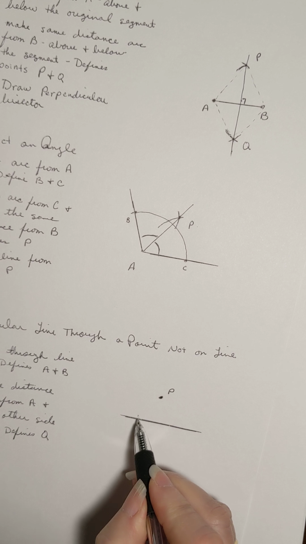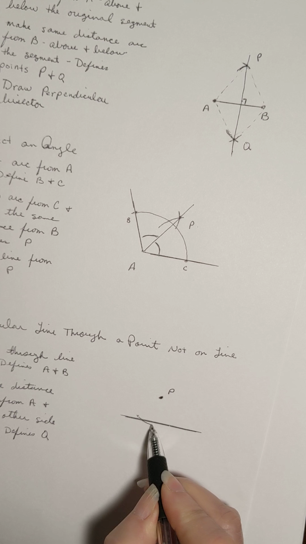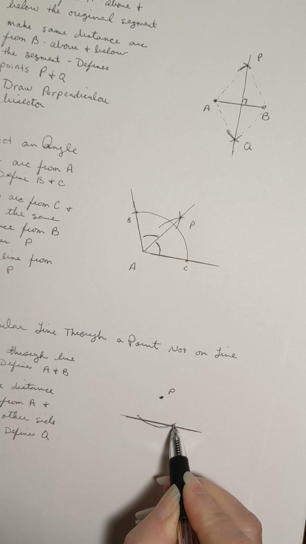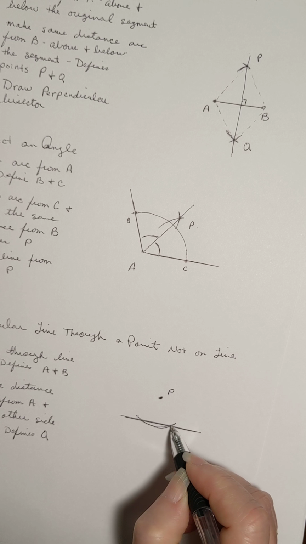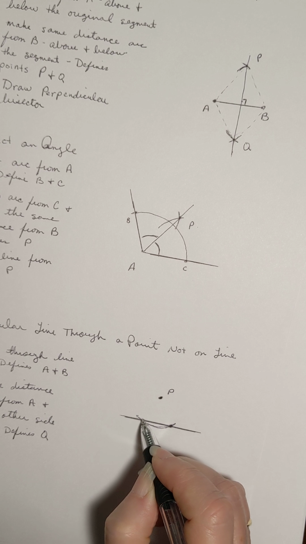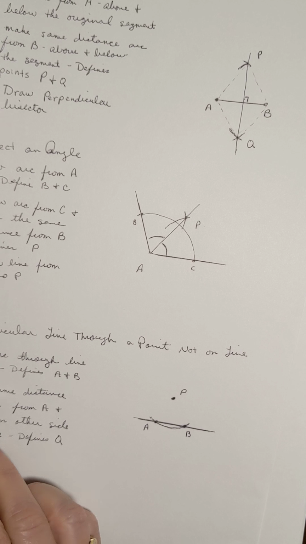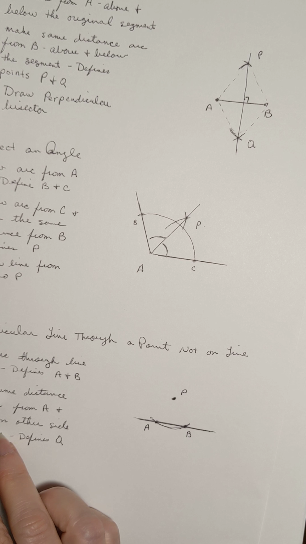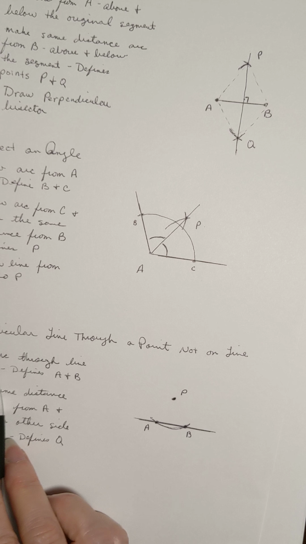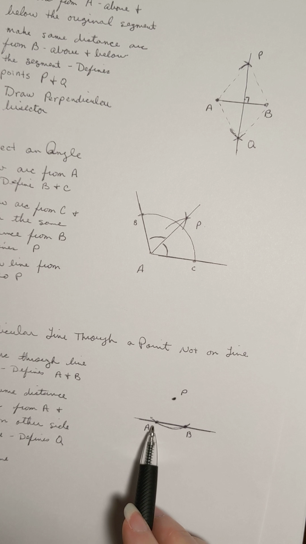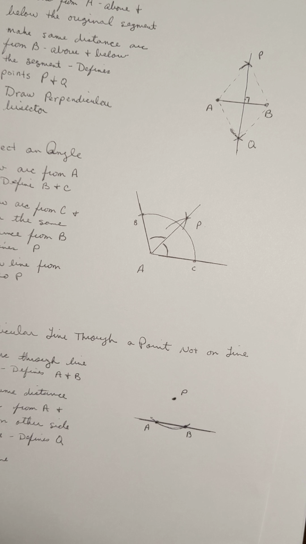And so here's this little arc. Okay? So now this is my point A and this is my point B. So make an arc through the line from point P, and that gives you point A and B.